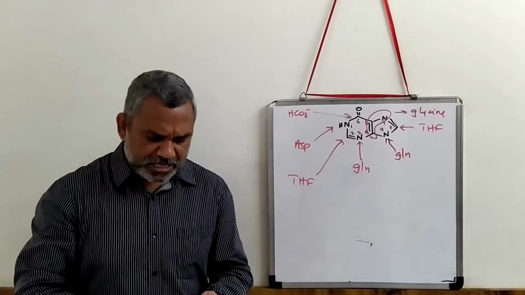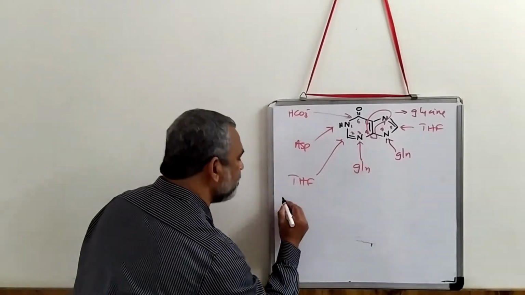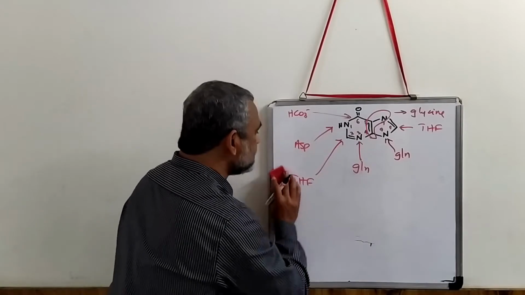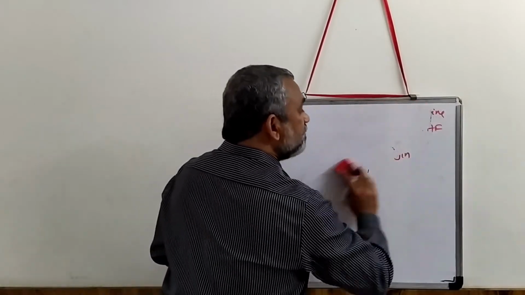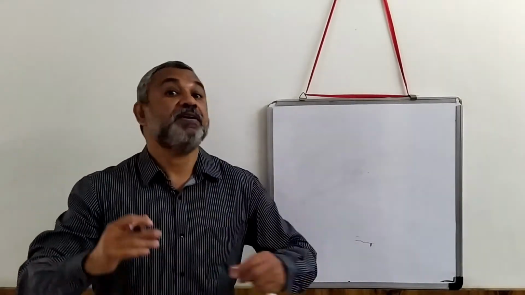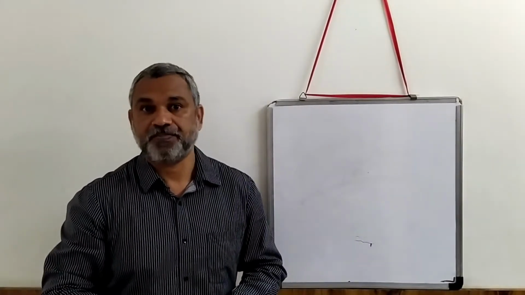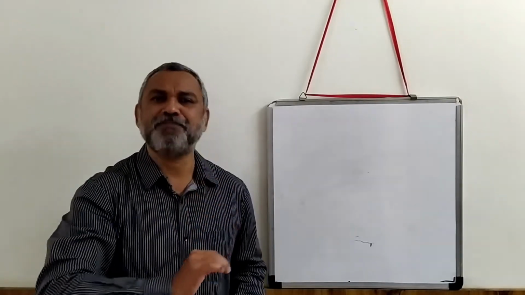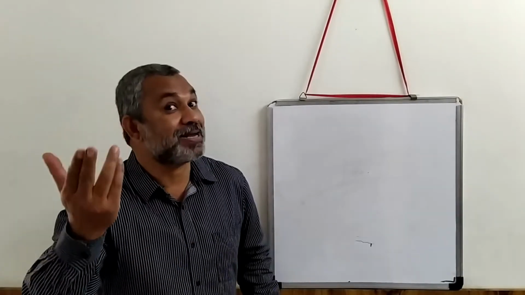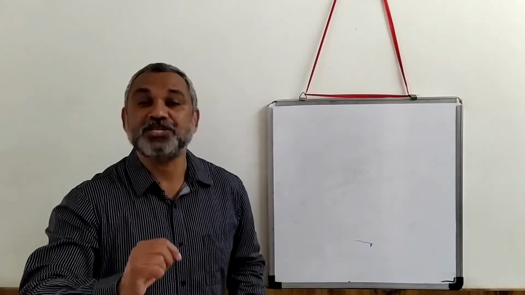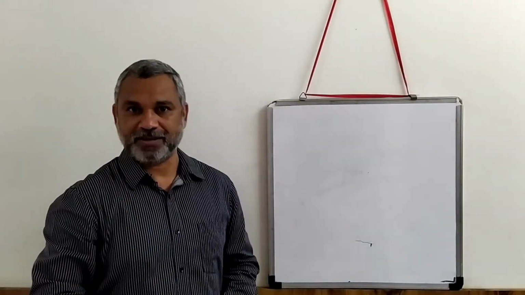Another pathway for the synthesis of purine nucleotides is what we call the salvage pathway. In the salvage pathway, as we have seen earlier, we will not start from scratch. We will use the degraded purine nucleotides and construct a nucleotide out of that. That is known as the salvage pathway.